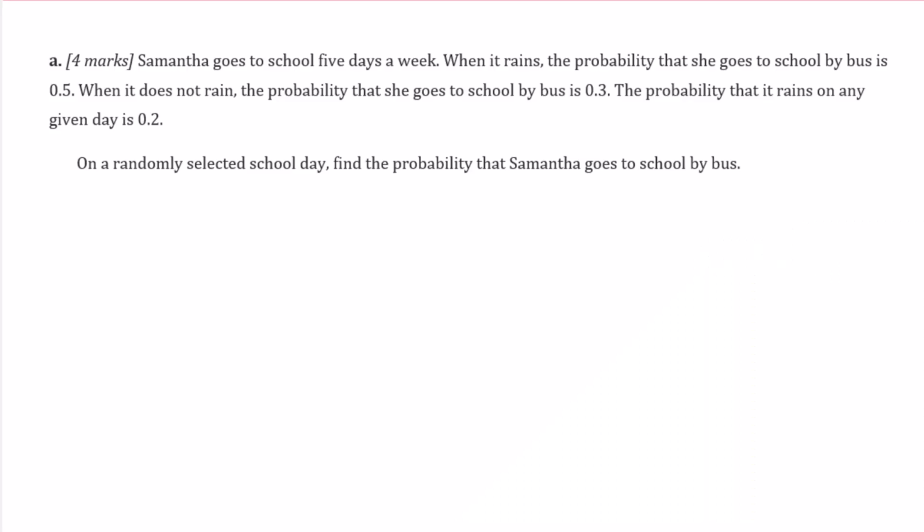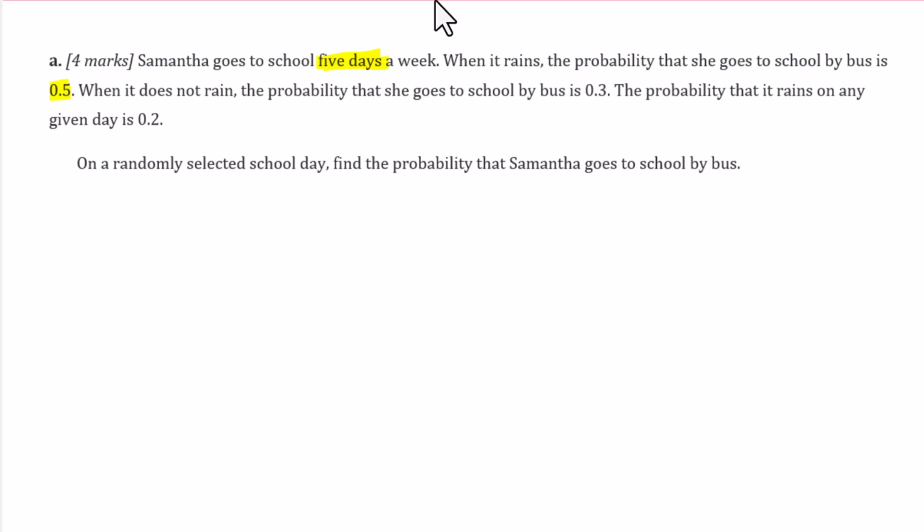Let's go to next question. Samantha goes to school 5 days a week. This gives you the clue. Maybe this is a binomial distribution. When it rains, the probability that she goes to school by bus is 0.5.